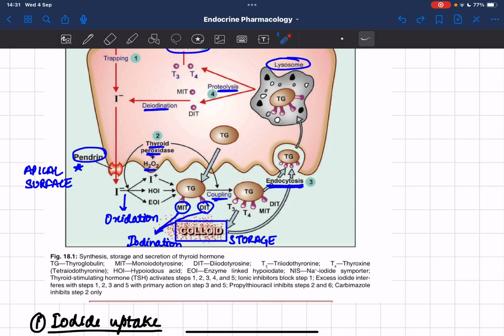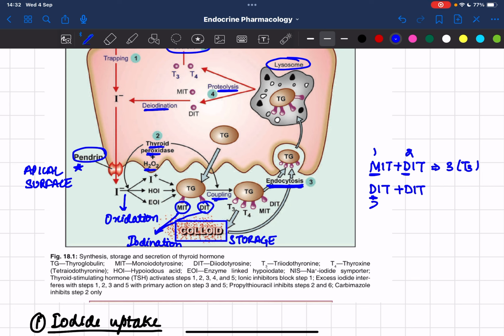The next step is coupling. Coupling is joining something. So if MIT and DIT combine, mono plus di, 1 plus 2, that forms 3, that is T3. And if DIT plus DIT combine, that is 2 combined with 2, that forms 4, that is T4.